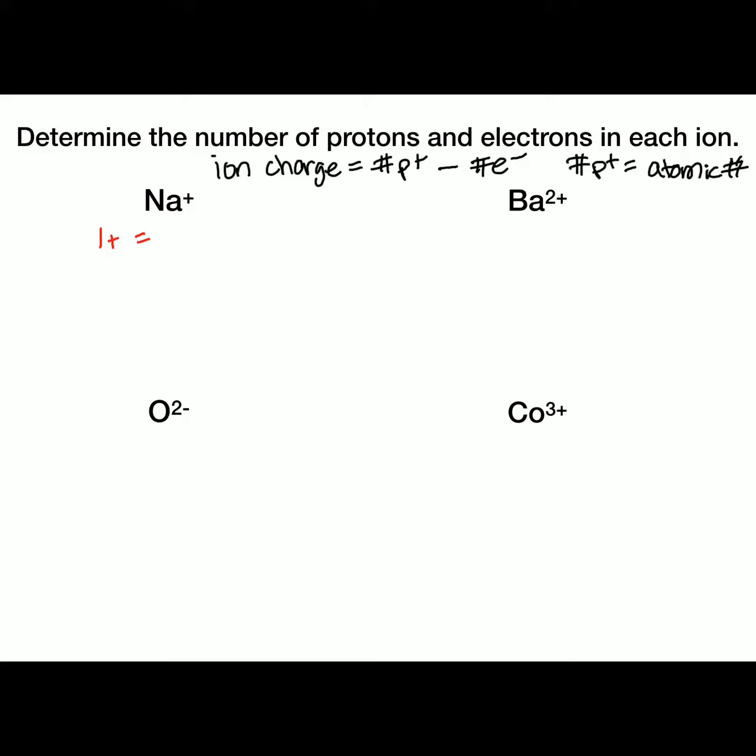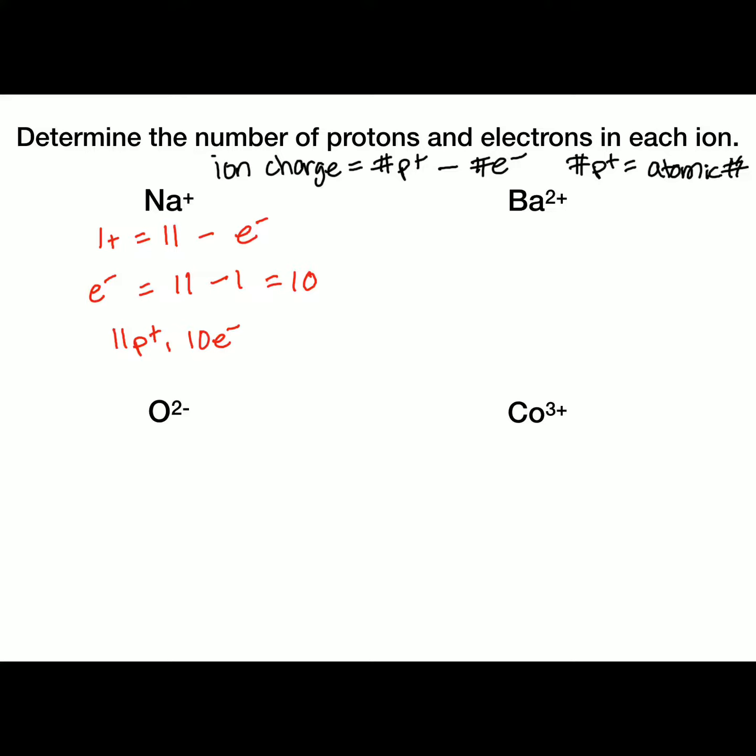So 1 plus is equal to 11 minus the number of electrons. Now we need to rearrange this equation, so we get the number of electrons is equal to 11 minus 1, which is equal to 10. So our final answer is that the sodium ion has 11 protons and 10 electrons.